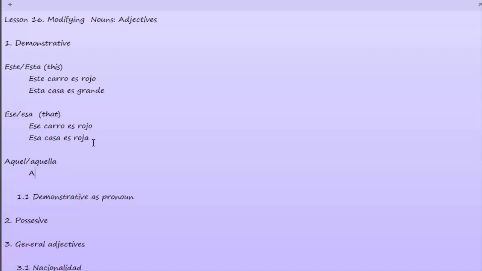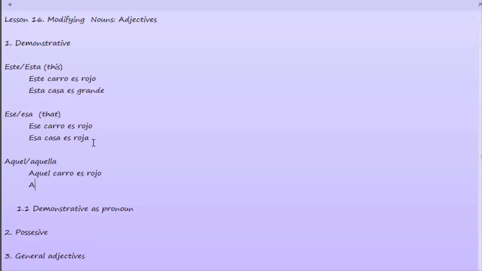So we would have aquel carro es rojo, and aquella casa es roja. Again, it means that, but we only use it when the object that we're talking about is even further, okay?